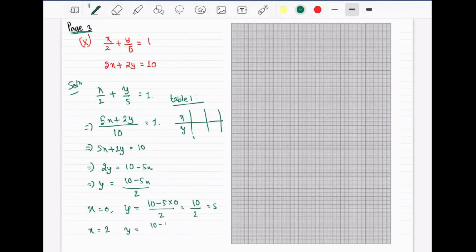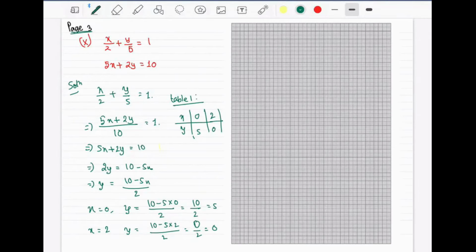Y is 10 minus 5 into 2 divided by 2. So 10 minus 5 into 2 is 10 minus 10, so we get 0, right? Okay, you put these two values in the table. When x is 0, the value of y is 5. And when x is equal to 2, the value of y is 0.